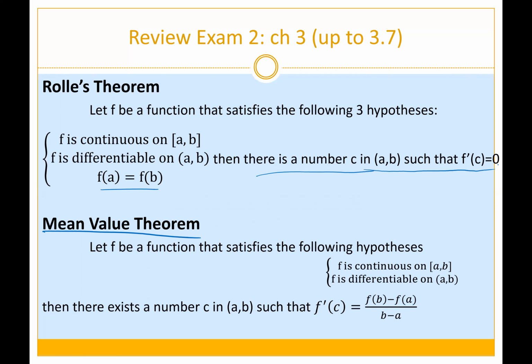More generally, by the mean value theorem, there exists a number c such that f prime of c is equal to (f(b) minus f(a)) divided by (b minus a), which is 0 in the special case of Rolle's theorem where f(a) equals f(b).